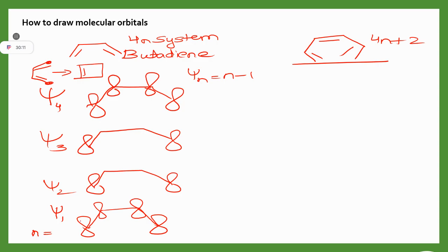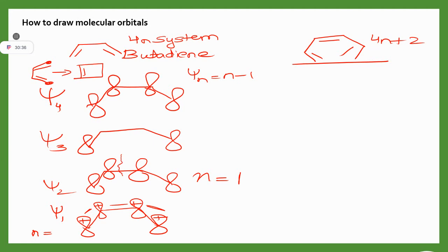If nodes are 0, it will be like this, right? All same phase orbitals are going to overlap, so no node. In psi 2, according to the formula, how many nodes will come? 1. And you should locate that node perfectly symmetrical.